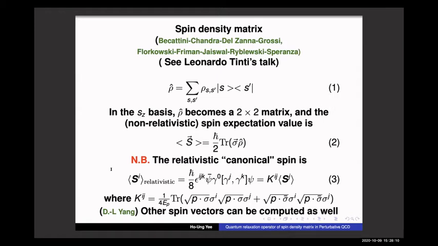For example, in the case of canonical spin defined in that way in terms of these spinors, we can just include the effect of the spinors explicitly to relate the non-relativistic spin polarization to relativistic definitions of spin vectors. So we are not really losing any generality by computing this 2x2 non-relativistic spin density matrix.